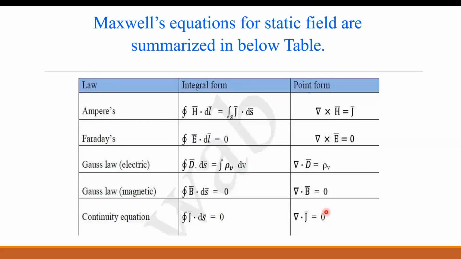So here all the equations are in integral form, here all the equations are in point form. Point form equations use divergence or curl expressions. Integral form always uses closed integration. See here, we are always seeing closed integration in the static field. Okay, so remember, you have to remember this chart. So understood everybody? Is there any problem?